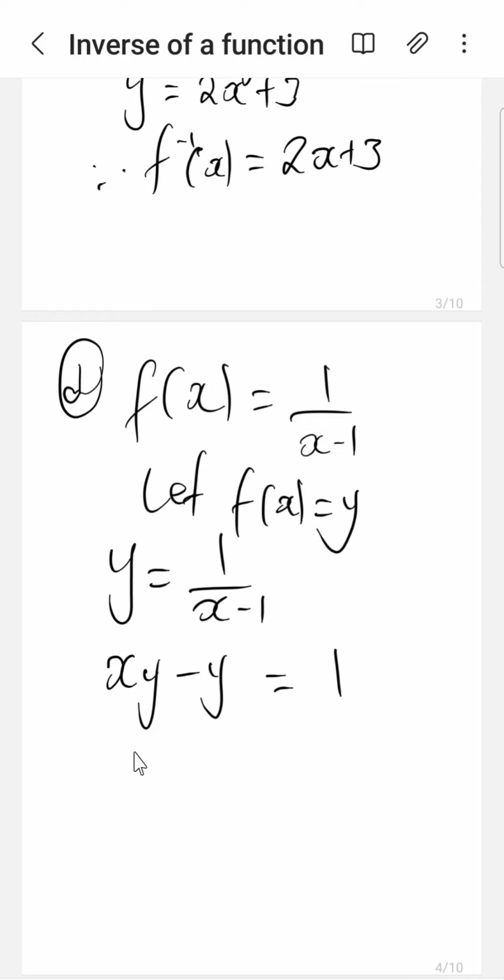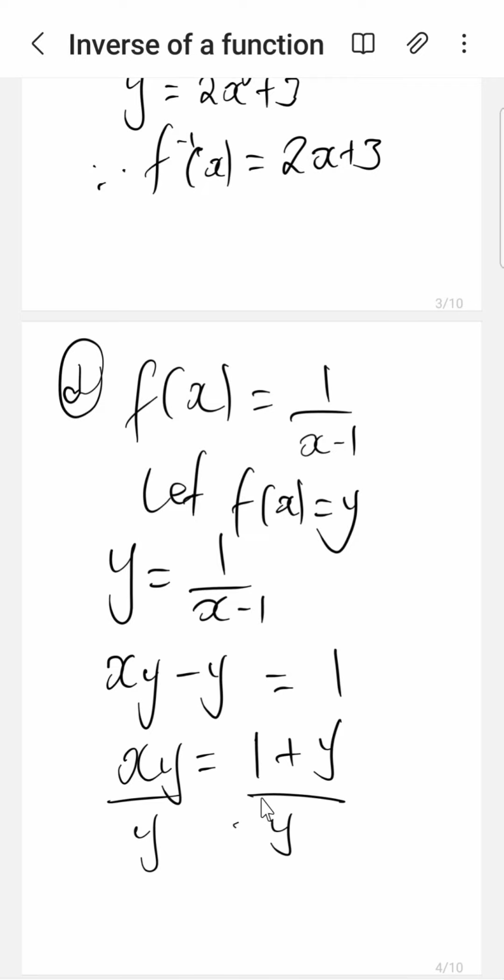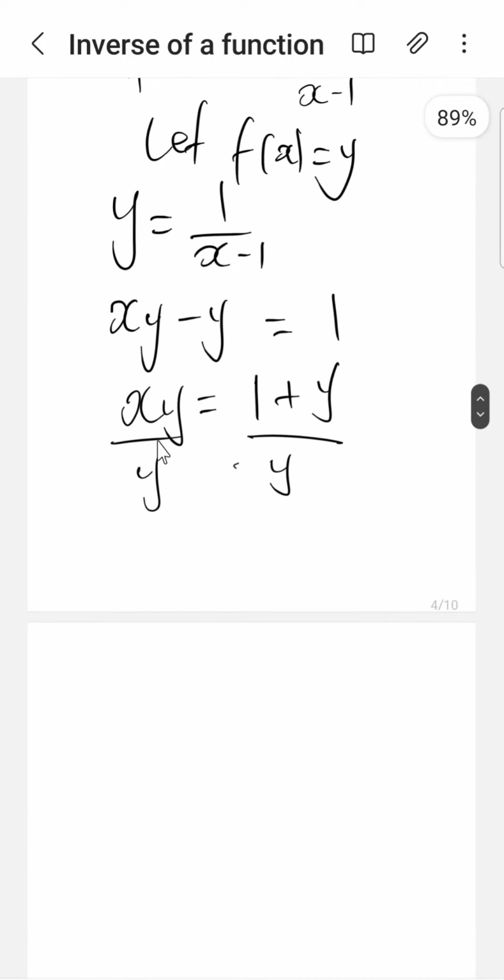What's the point here? We want to make x the subject of the formula. So we're going to have xy equals 1 plus y, so x equals (1 plus y) over y.